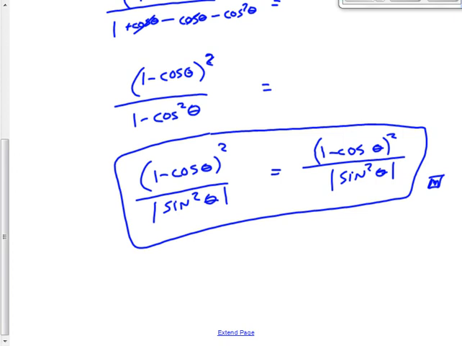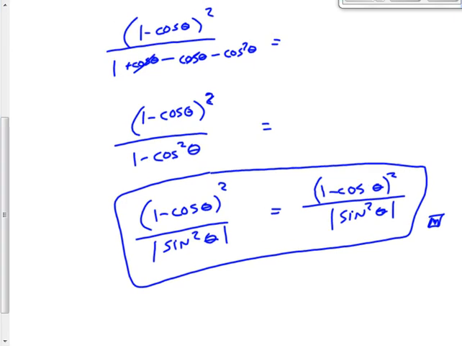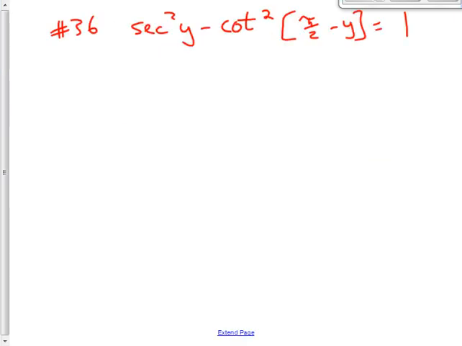Now, if you felt bad about that and you want to go the extra step, you could take the square root of both sides, and you could have done that in the step above and gotten the same answer.